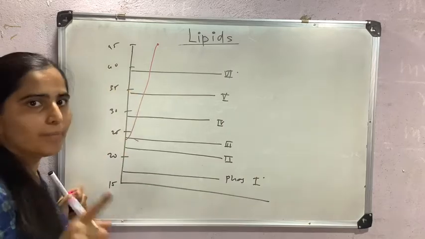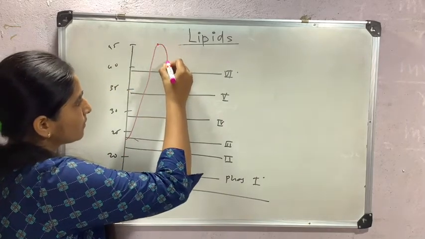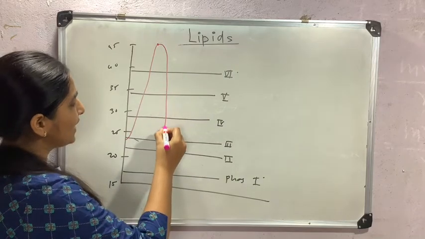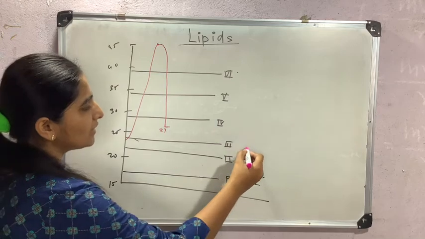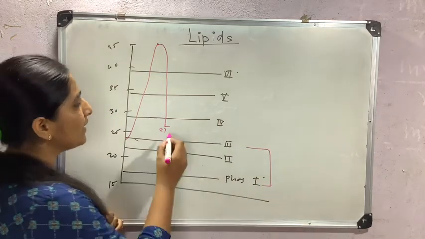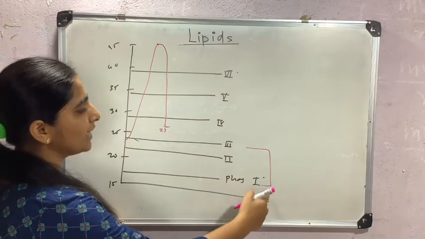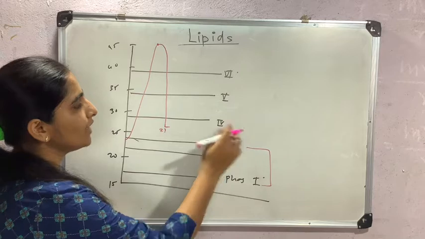And if you stop heating and allow it to cool at room temperature, that is 27 degrees Celsius, at this temperature there will be no growth of these 3 phases, phase 1, phase 2 and phase 3, and we will get only phase 6, phase 5 and phase 4.